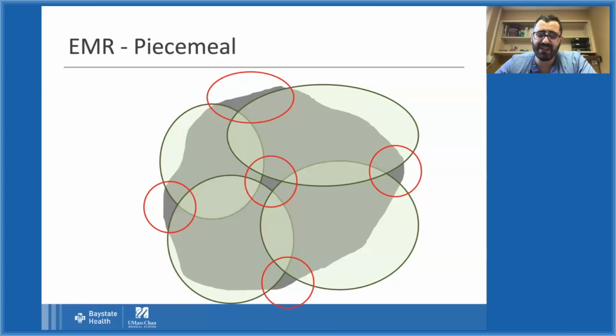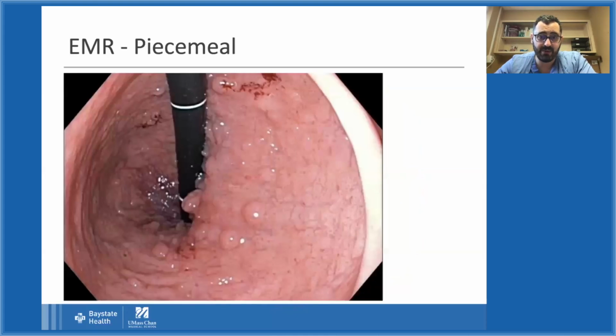And most of the time we actually burn the edges of the resection just to make sure the polyp doesn't come back. So this technique called EMR, we are removing the polyp in piecemeal fashion, in pieces. We're not removing the polyp in a single piece. So it's still a good technique. I can use it very frequently.